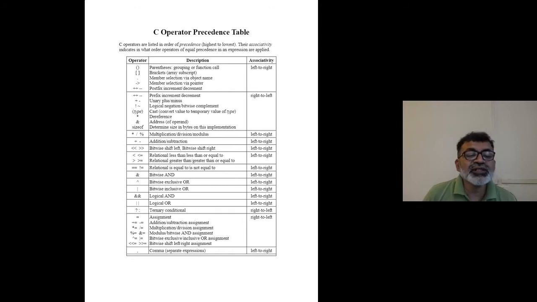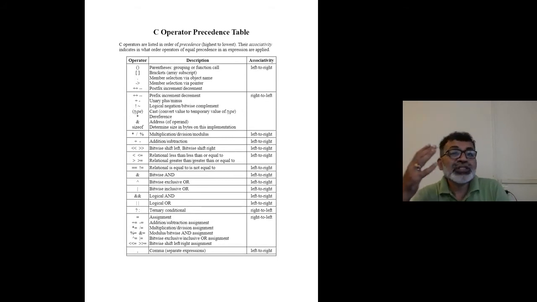We have already seen that sizeof operator. Then multiplication and division are there, addition, subtraction. A lot of operators are there, right? You can see comma is also an operator which has got the lowest precedence. Just second last in this list is assignment. I told you yesterday, assignment has got the second lowest priority.